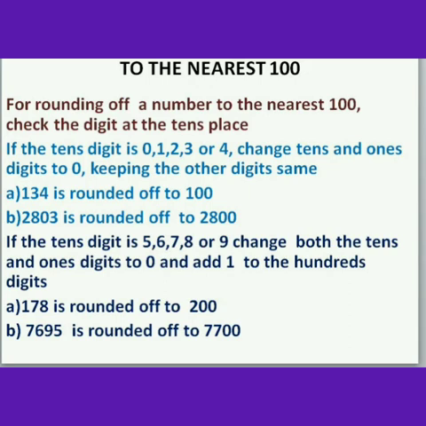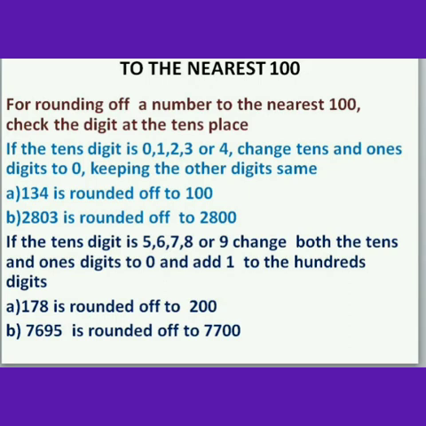If the tens digit is 5, 6, 7, 8 or 9, change both the tens and ones digits to 0 and add 1 to the hundreds digit. So here 178 is rounded off to 200 and 7695 is rounded off to 7700.